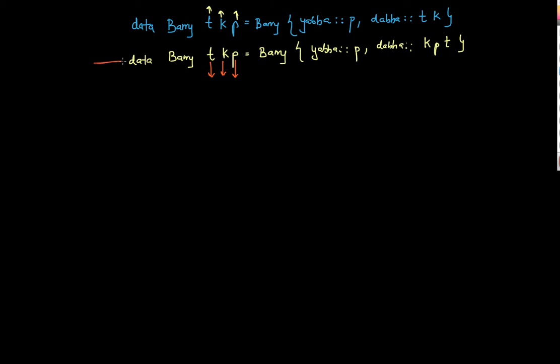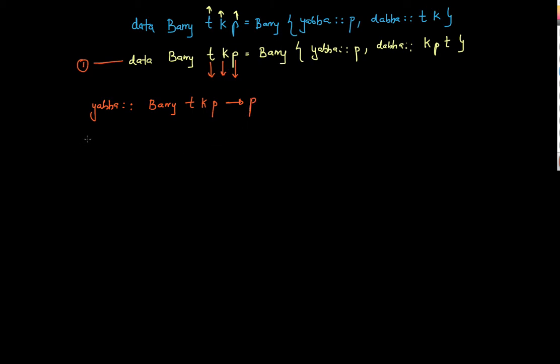What I know is that yaba has a type signature that takes in some value of type Barry t, k, p, and gives you back some value of type p.